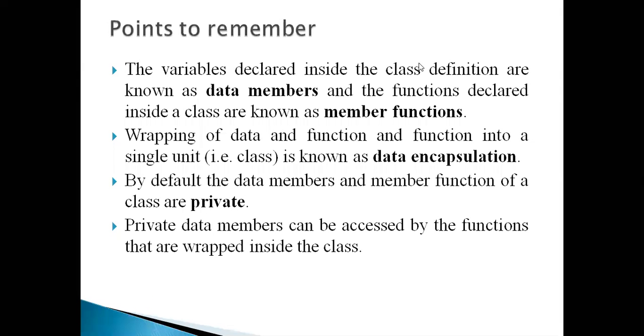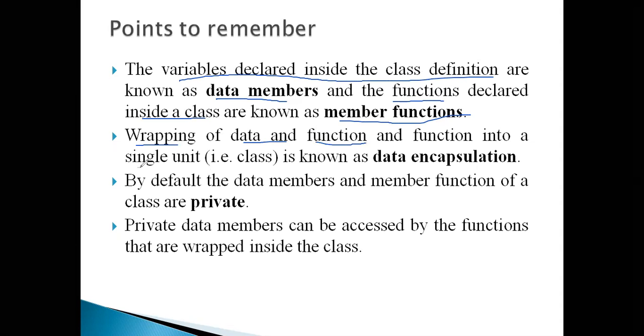Same thing: variables declared inside a class definition are nothing but data members, and functions declared inside a class are nothing but member functions. Recently we discussed this. And one more thing, the combining or wrapping of data and functions together into a single unit, which we call a class, is known as data encapsulation, which is one of the object-oriented programming features.